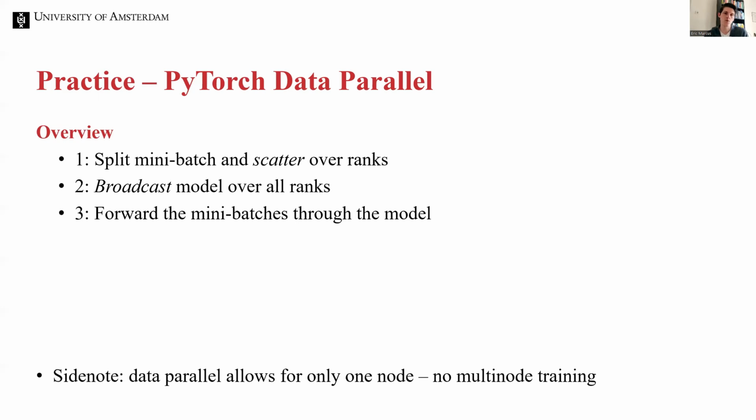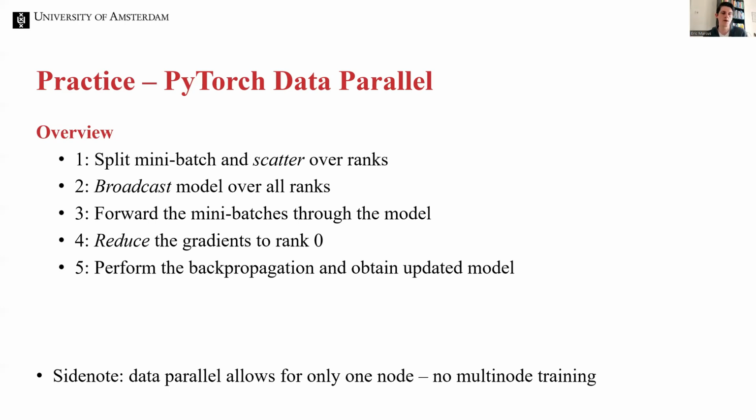And then what we're going to do is a reduce operation. At this stage, we have gone through the models and we're going to reduce it. We're going to average or sum all of the gradients that we obtain, and get them back to rank 0, our root node. Then rank 0 is going to take these gradients, perform the back propagation, and optimize the model.